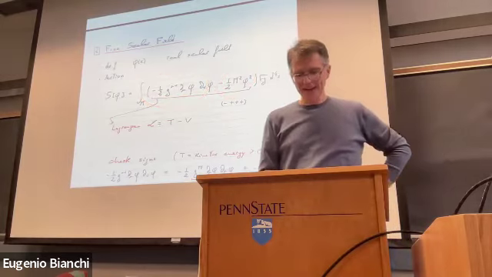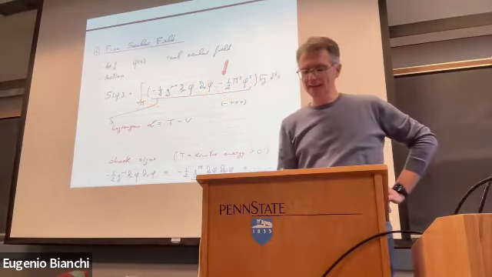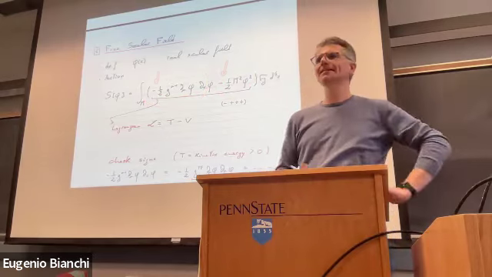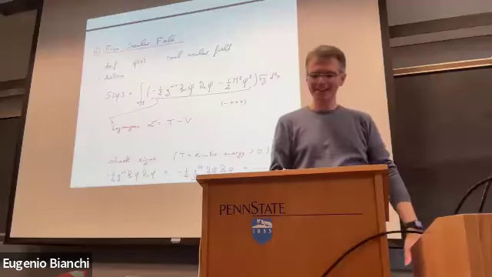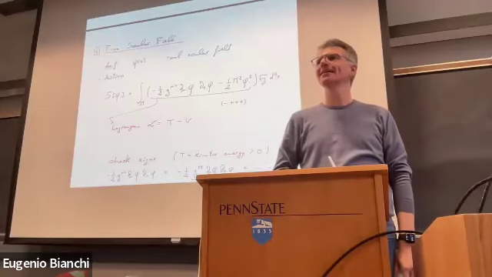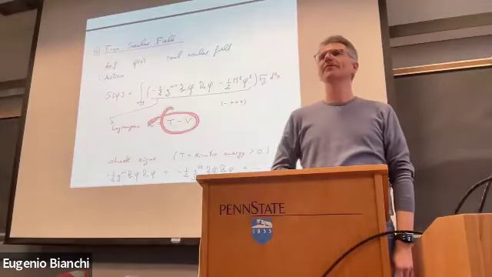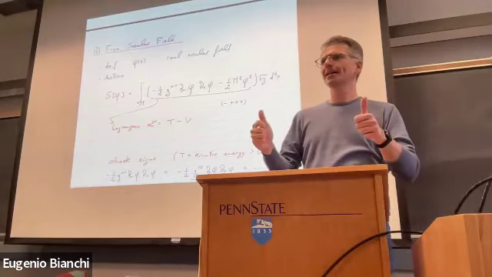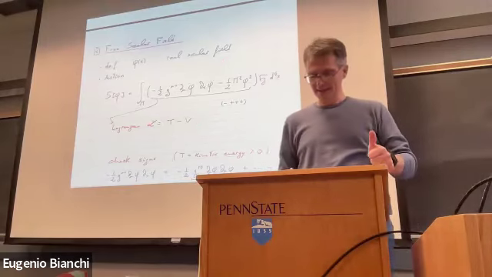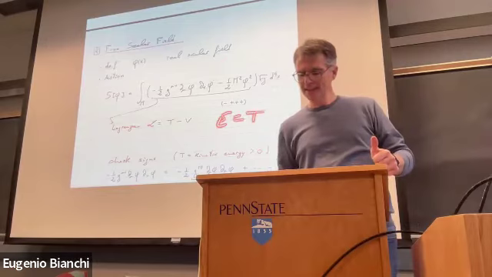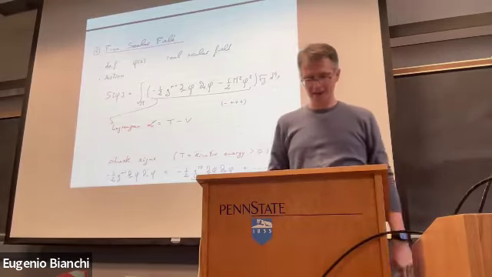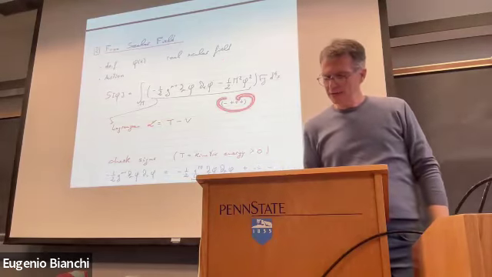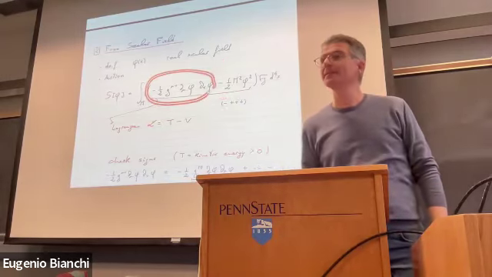Let's check that I'm putting the signs correctly. If I don't have a book, if I don't have a notebook, can I trust that I put the signs correctly? This is T minus V, kinetic minus potential energy. That's the Lagrangian. The energy is kinetic plus potential. The Lagrangian is kinetic minus potential. The signature is minus. You see that this one makes it positive.